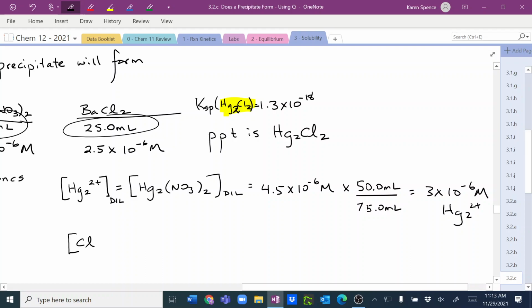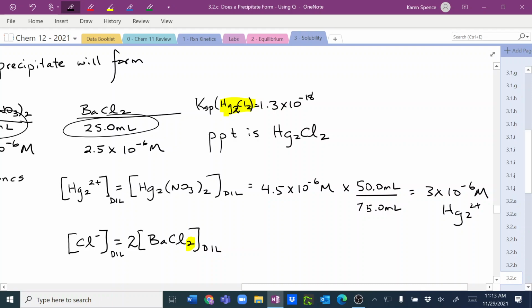Concentration of Cl minus. Now, is it equal to the concentration of barium chloride? Is that a true statement? No, because we have this little 2 down here, the chloride ion concentration is going to be twice as much.